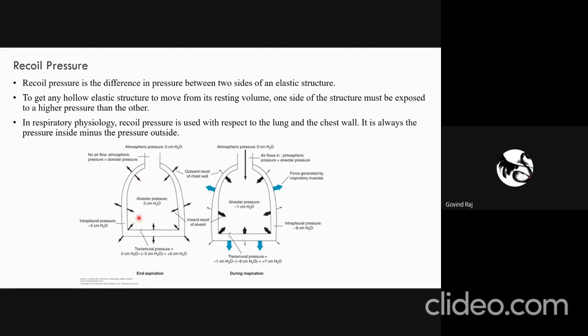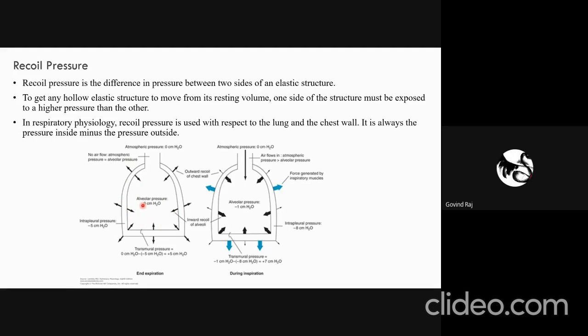First, the alveolar pressure. In the previous video, I told you that at end expiration we take atmospheric pressure equal to alveolar pressure, just to make things easier, or else it will be all confusion. So let's take the alveolar pressure as 0.